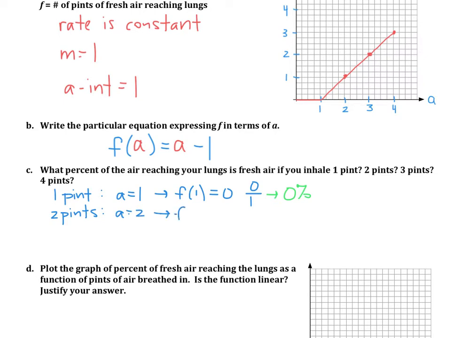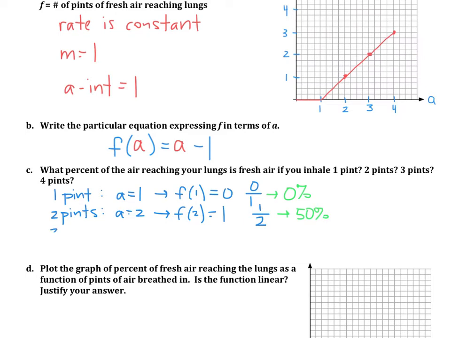We are finding f of 2, which is 2 minus 1, so we get 1. To figure out the percentage, we take the amount of fresh air over the number of pints that we breathed in, and we should get 50%.